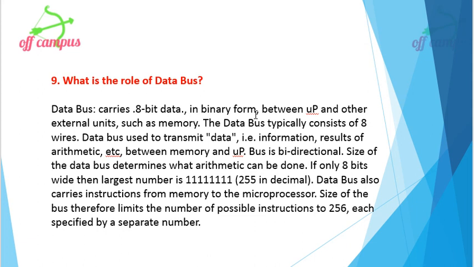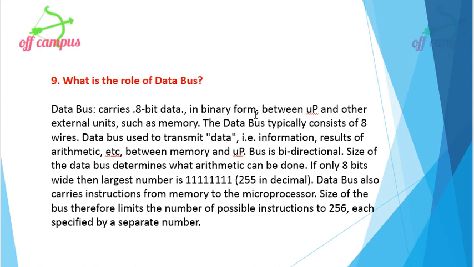The data bus typically consists of 8 wires, 1 wire for each bit. The data bus is used to transmit data, that is information that may be a result of an arithmetic or logical expression, between memory and microprocessor.